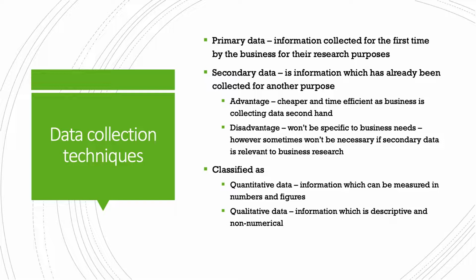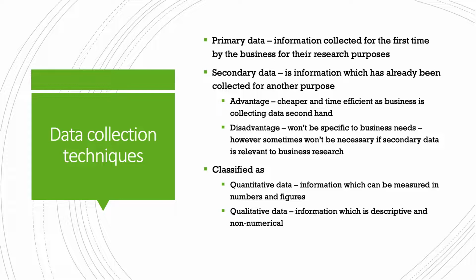All right, so the advantage of secondary data is that it's cheaper and way more time efficient because you're not the ones that are actually having to collect the data, okay? So usually you can just go online, look at what's there, what information's there, and use that. Whereas primary, you're actually having to run different collection techniques, collection methods in order to find out.